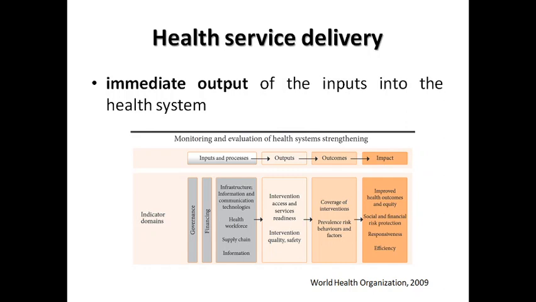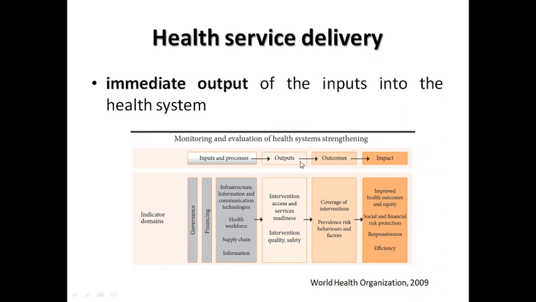So the figure here is a framework that shows the monitoring and evaluation of health system strengthening. However, more importantly here in this figure, we can see that the different building blocks that we have mentioned earlier, namely governance, financing, information technology, health workforce, your supply chain for your pharmaceutical products, all of these are actually inputs and processes for our health system.